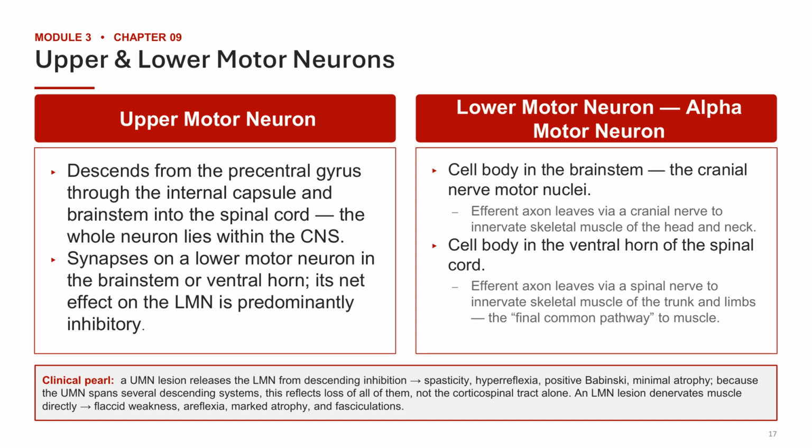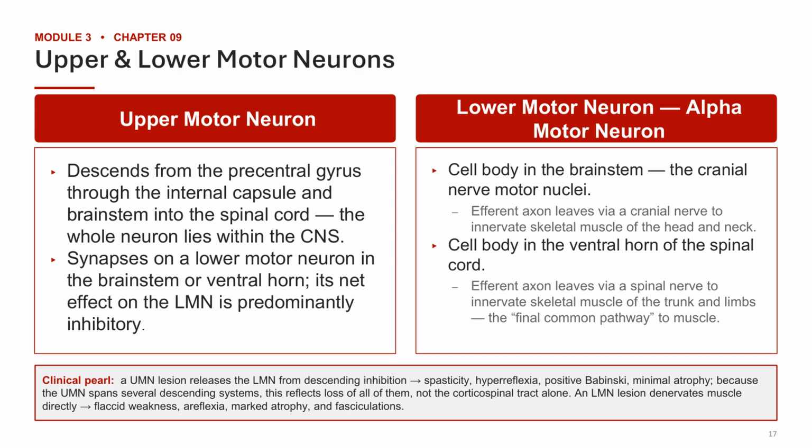Those with cell bodies in the brainstem, in the cranial nerve motor nuclei, send axons out through a cranial nerve to innervate the skeletal muscle of the head and neck. Those with cell bodies in the ventral horn of the spinal cord send axons out through a spinal nerve to the muscle of the trunk and limbs.